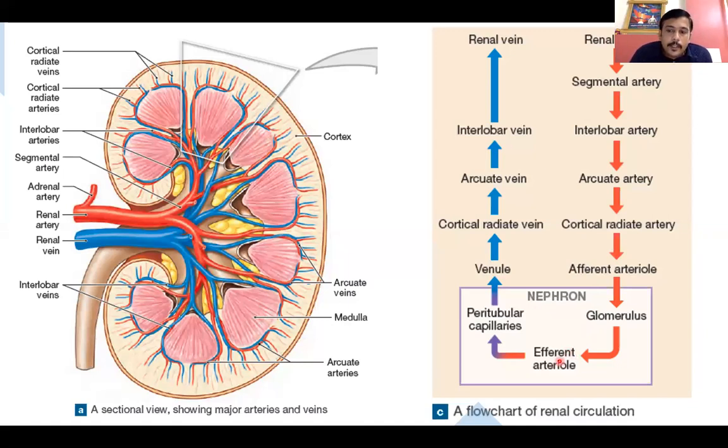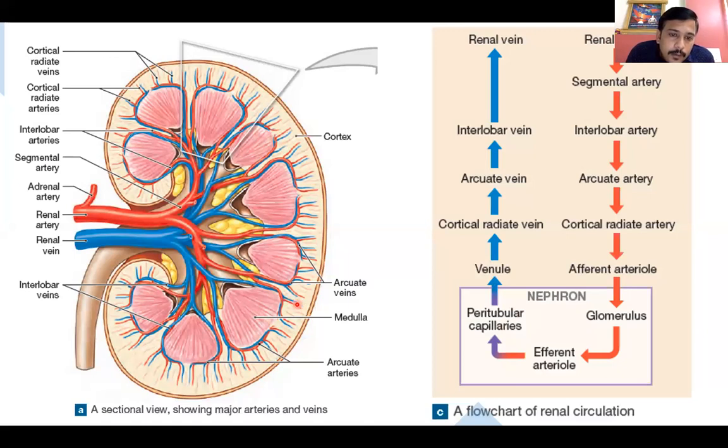These efferent arterioles will again form the peritubular capillary plexus. Efferent arterioles from different nephrons mix up and form the peritubular capillary plexus. And from this peritubular capillary plexus, the venules will emerge, and these venules will again join to form the cortical radiate vein.